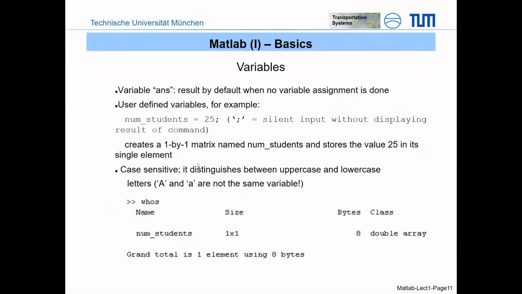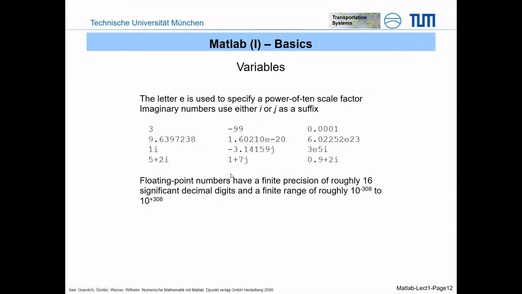So let's switch to the next slide. Variables are always specified like in math, and if you want to use a power of 10, then you can use this E letter. So like here, 3e5 or something like that, then you have the power of 10. 6.02252e23 means 6.02252 times 10 to the power of 23.